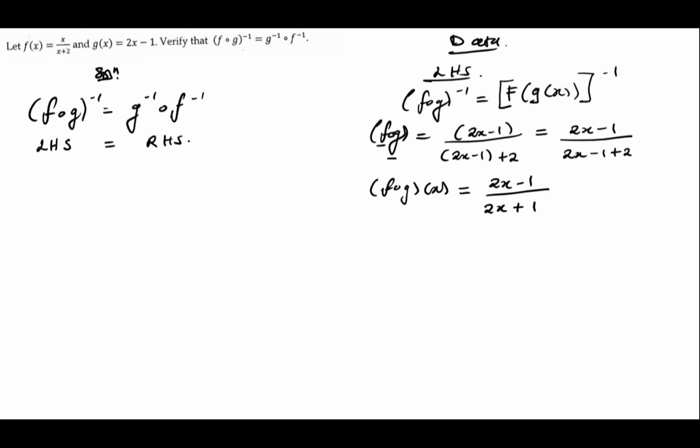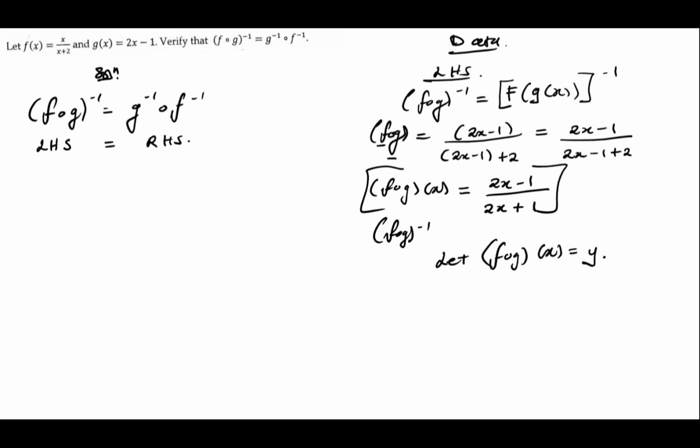Now this is only the f of g of x function. We need to find the inverse of this in order to have what we want. So to find f of g inverse, we first have to let the function we found here, f of g of x, equal any variable other than x.